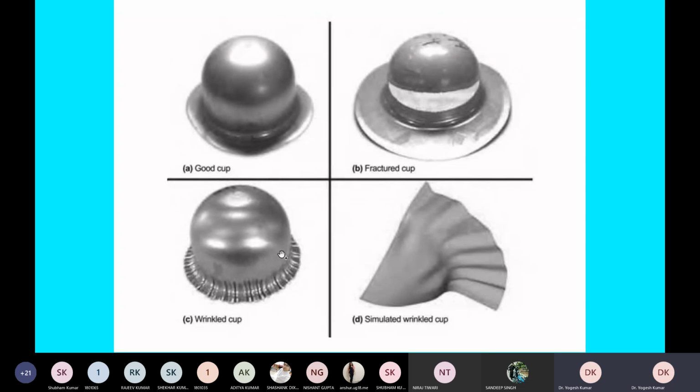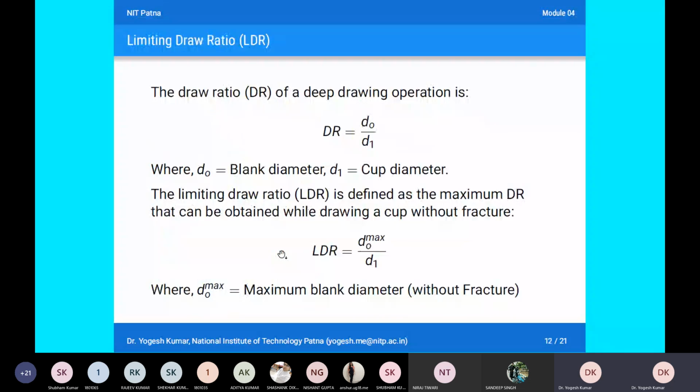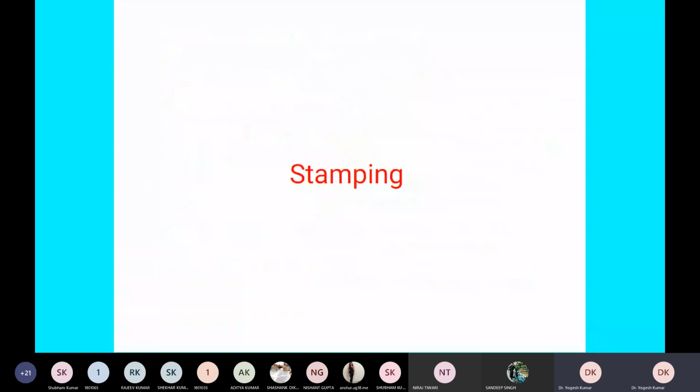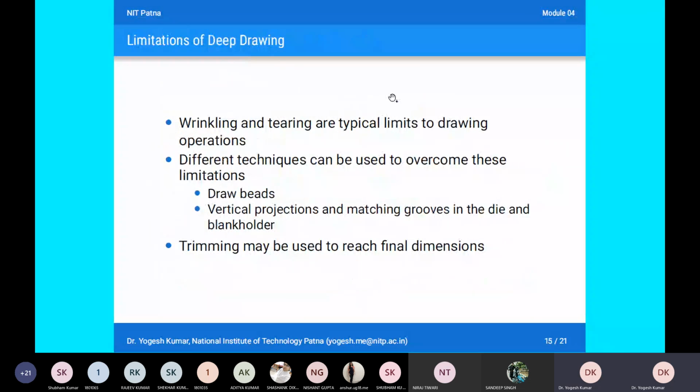These are two major limitations of the deep drawing process. There is another one, not a problem, but a requirement: trimming may be required to reach final dimensions in deep drawing.